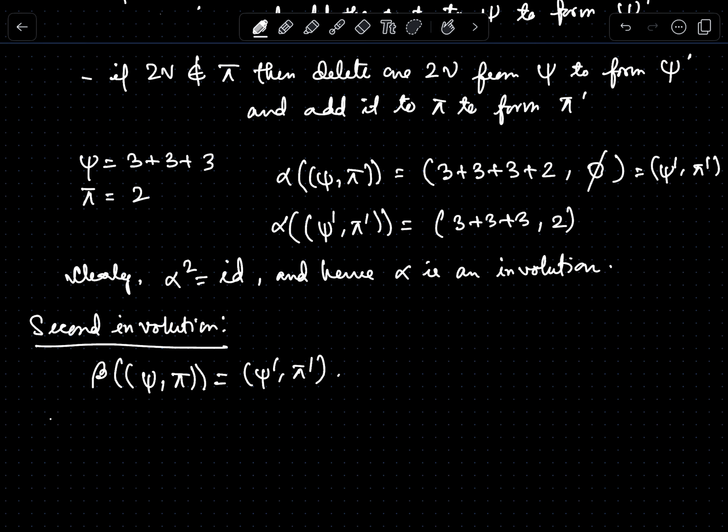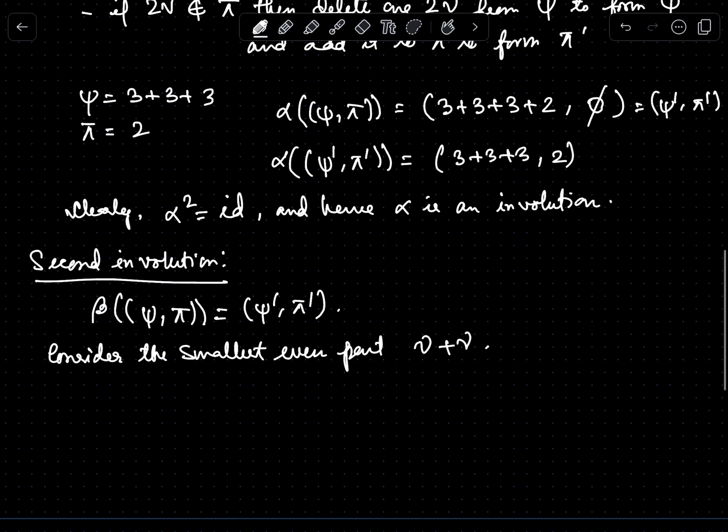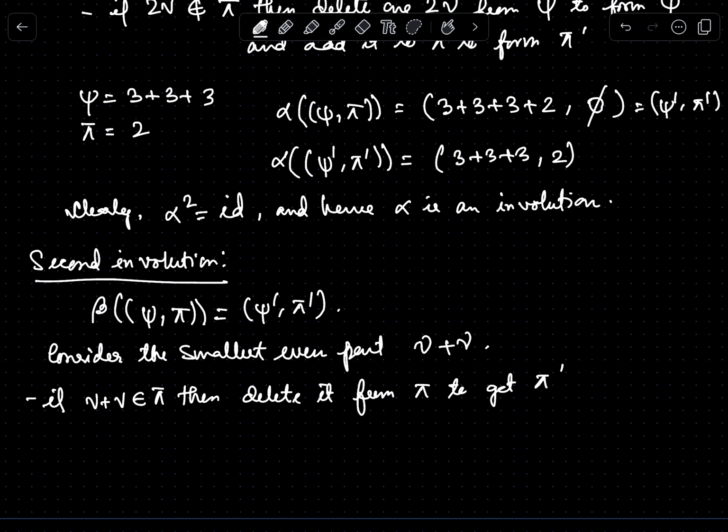Okay. So consider the smallest even part, nu plus nu. And again similar: if nu plus nu is in pi, then delete it from pi to get pi prime, and add nu plus nu to psi to get psi prime.